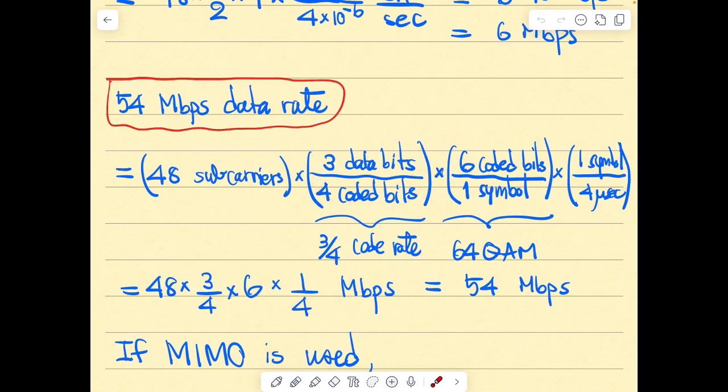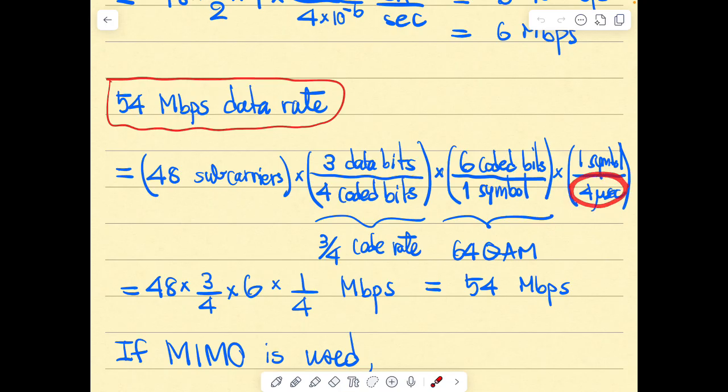75% will be data. For modulation, we use the highest order allowed, which is 64 QAM. That means one symbol can represent up to 6 coded bits, since 64 is 2 to the power of 6. Again, the symbol period is 4 microseconds.